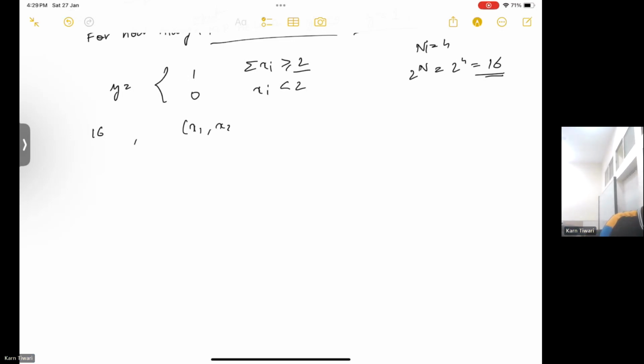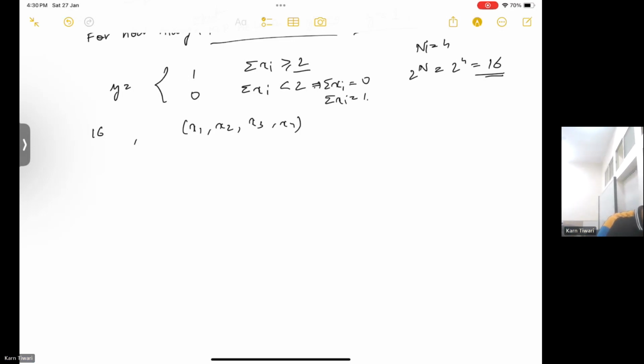x1, x2, x3, x4. The second is equivalent to the summation of xi being either 0 or the summation of xi equal to 1, because it can't be negative. It's just integer 0 and 1.